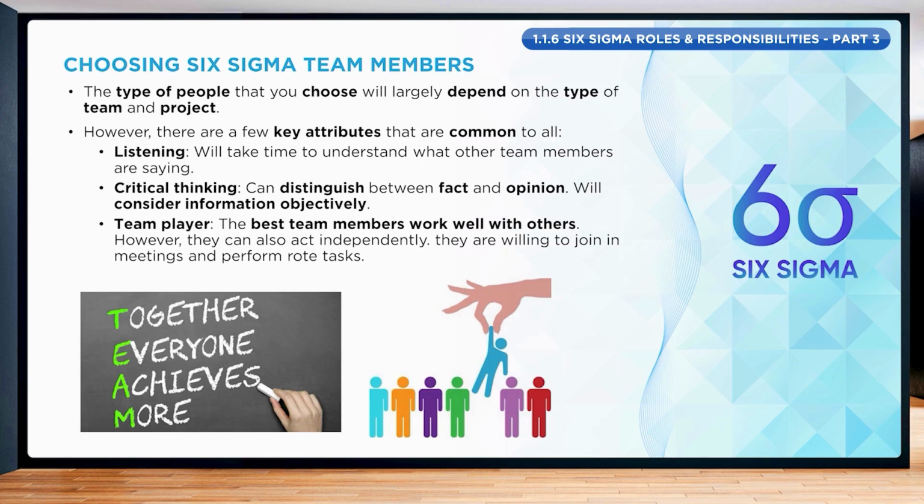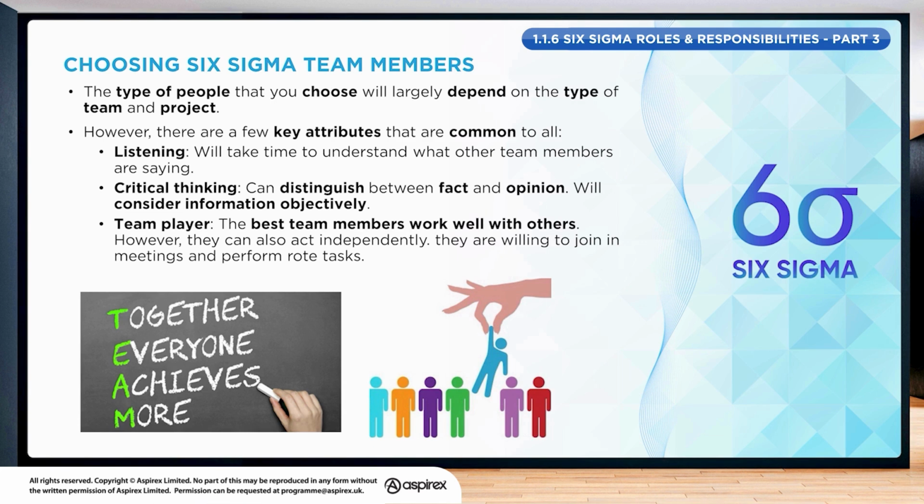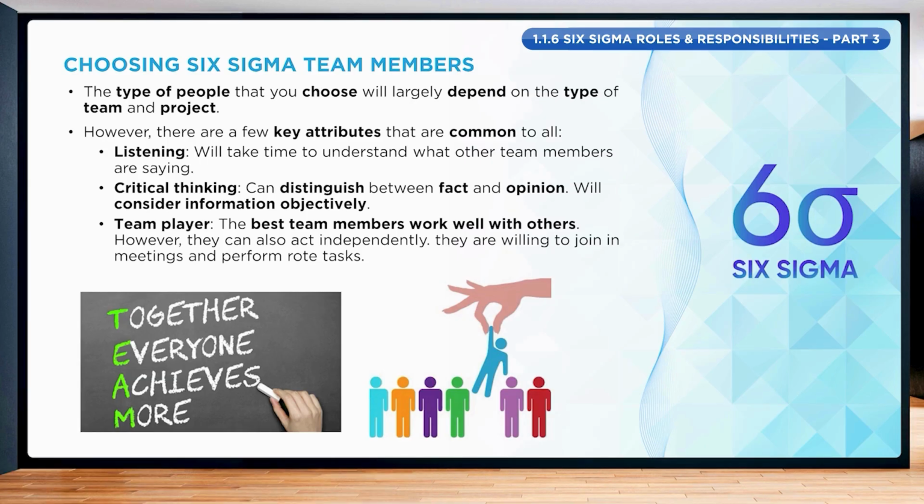And for each type of project, we need to make sure that we have cross-functional participation with subject matter experts from different parts of the organization. And also, we have the team leader, we have the facilitator, and some of the other common key roles and responsibilities that we already mentioned.